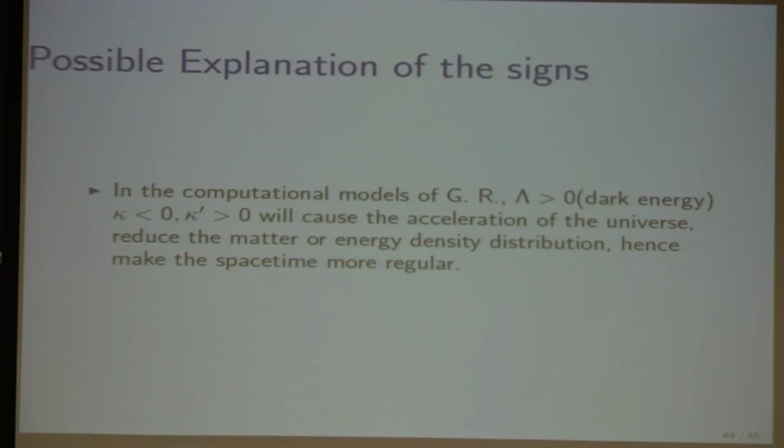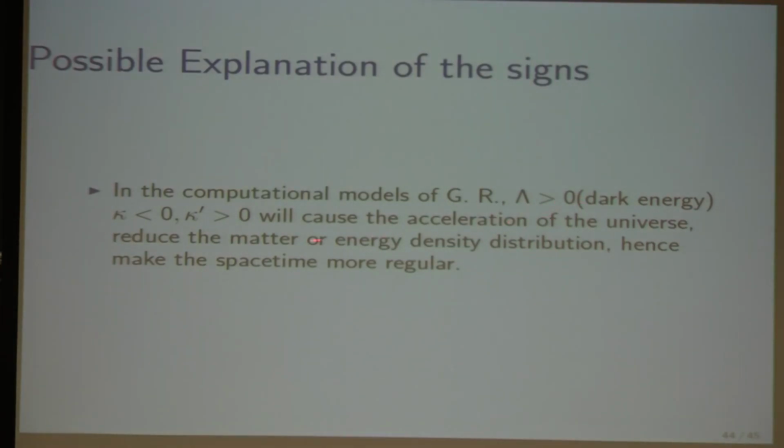So let me give one final explanation of why the theorem should be true. So I maybe give you one comment to your question. In the computational model of general relativity, this lambda, the cosmological constant, positive means dark energy. This kappa non-positive and kappa prime positive will cause acceleration of the universe in the model.